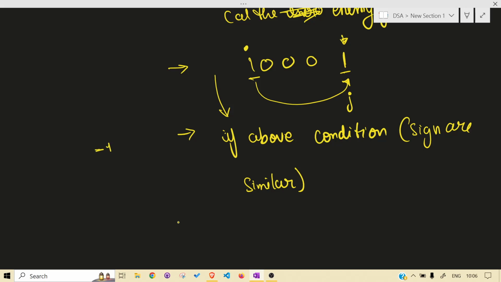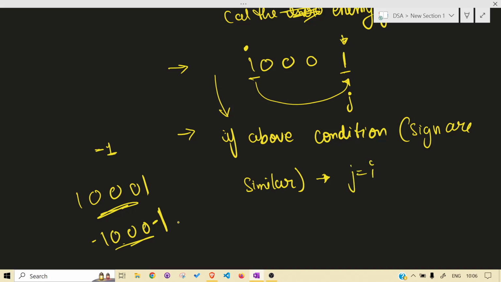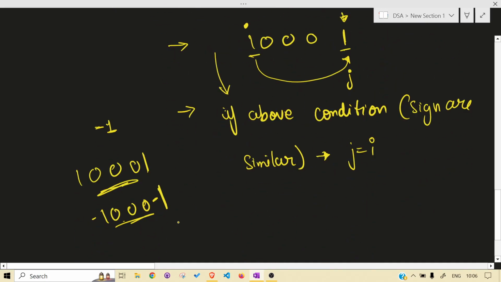Empty place means -1. This is also done to minimize miscalculations, because these forts are not captured. That's what this condition will do. So what you do is j equals i. That is it. If the signs are not opposite, let's do a dry run.